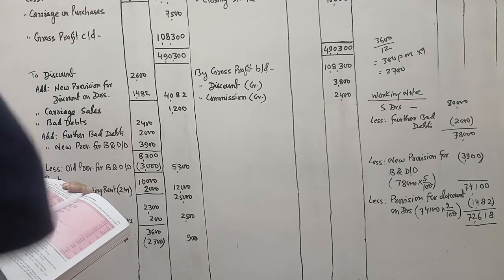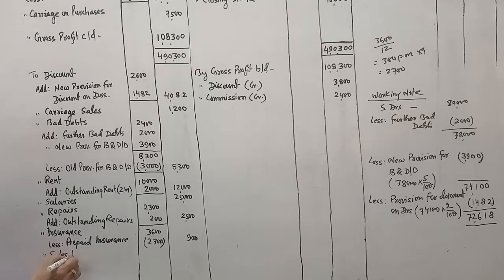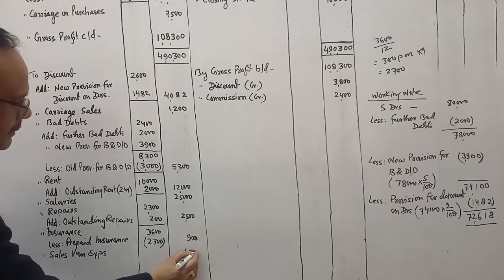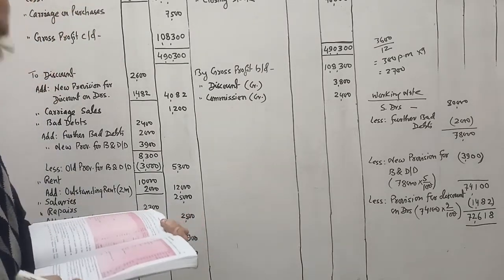Next, after that, sales van expenses. Sales van expenses is 6,000. Okay, now come to the adjustments. Number 1 we have done.